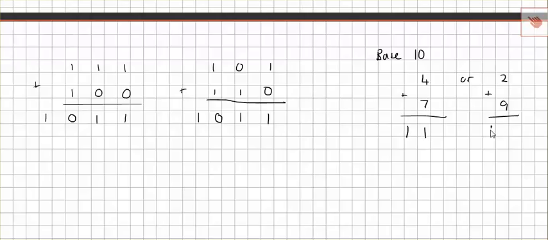Exactly. So I thought these are different numbers, but when they add together, they get the same answer. I thought that because the 0 was below, but that's subtraction. So this is addition, isn't it?